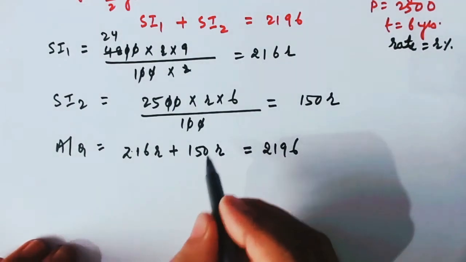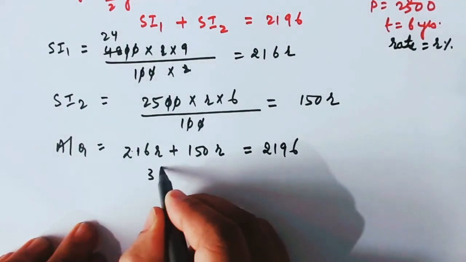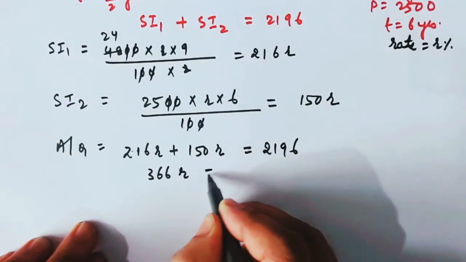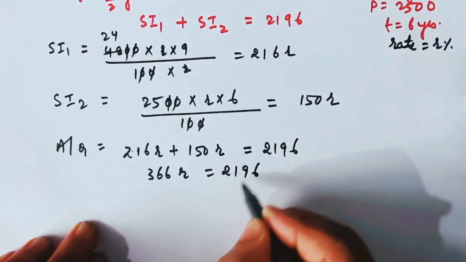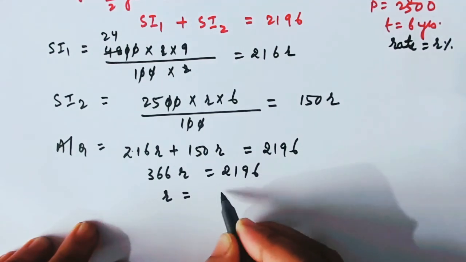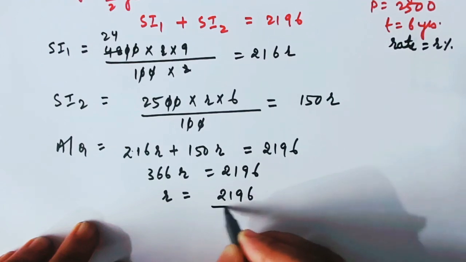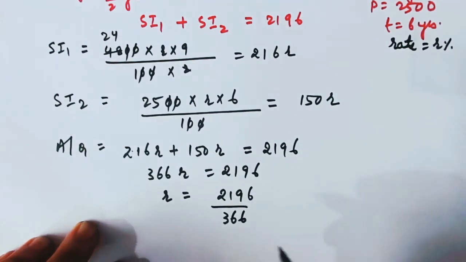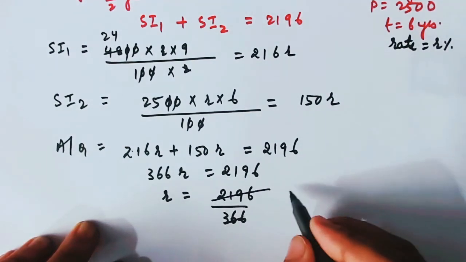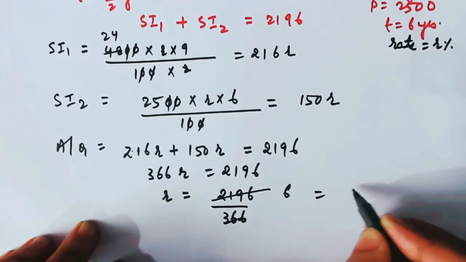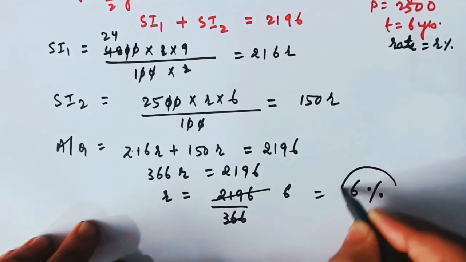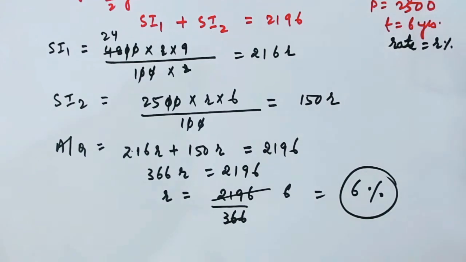So when you add these two, you will get 366R is equal to 2196. The value of R is 2196 by 366. When you cancel, you will get 6. That is 6% as your final rate percent.